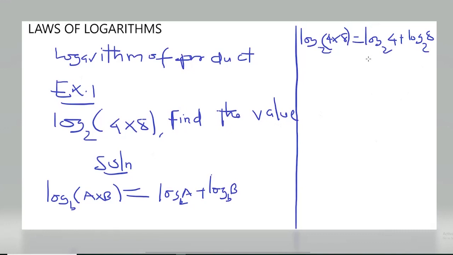Now what's the value of logarithm of 4 to base 2? And what's the value of logarithm of 8 to base 2? This is what you're going to find.